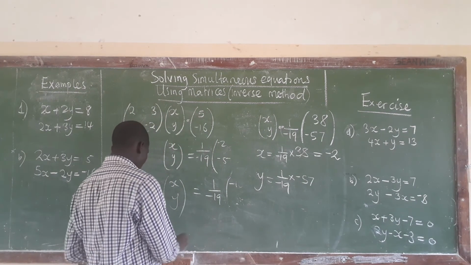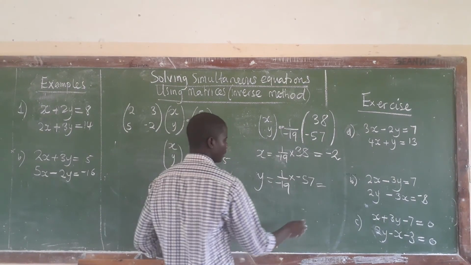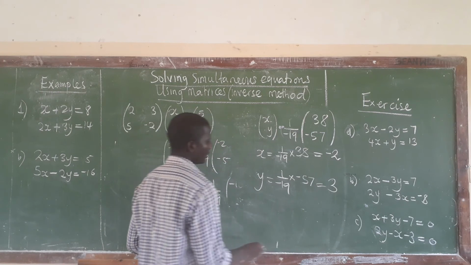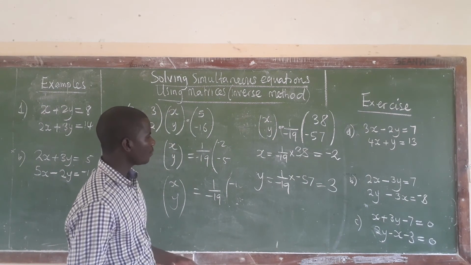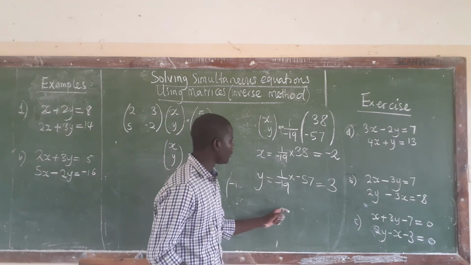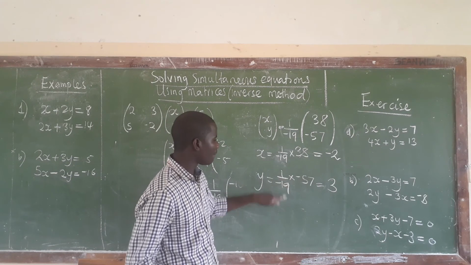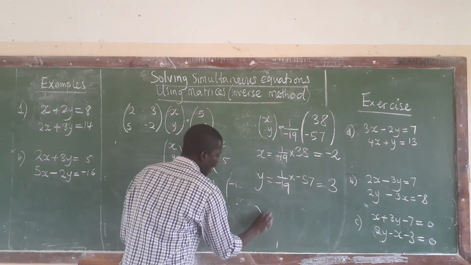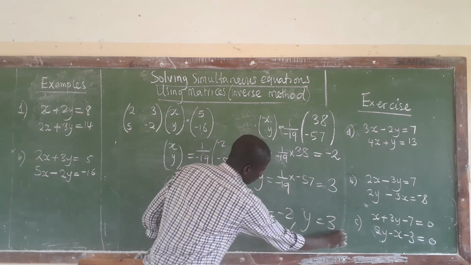Here, what we are going to get is y is positive 3, in the sense that we have a minus and a minus here. So our answers would be x is negative 2, and then y is 3.